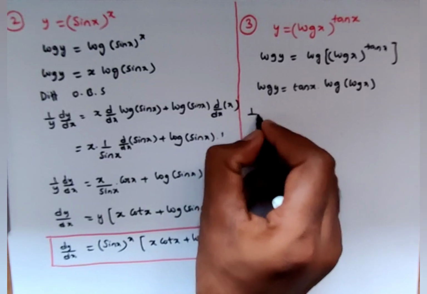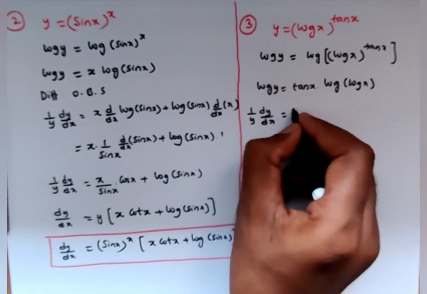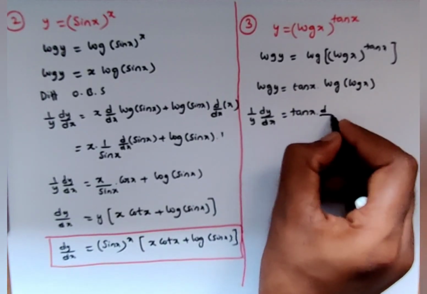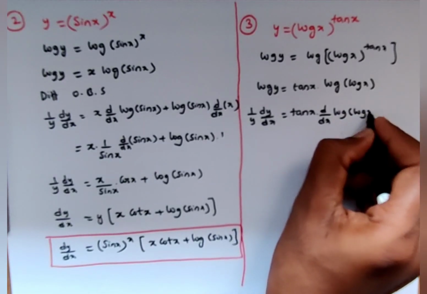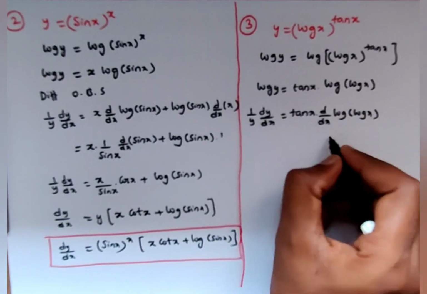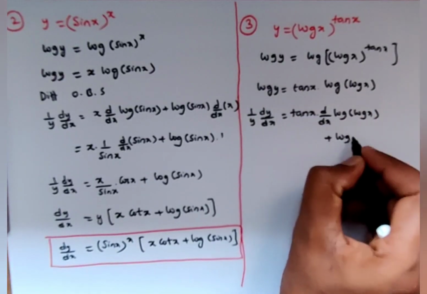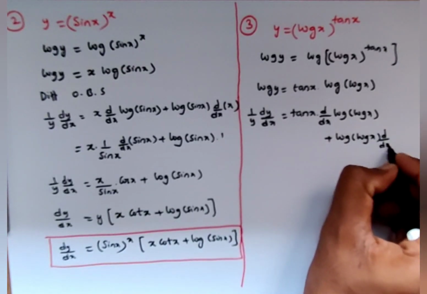So this is 1 by y into dy by dx, which is tan x into the derivative of logarithm of log x, plus v into u dash. So it is log of log x into d by dx of tan x.